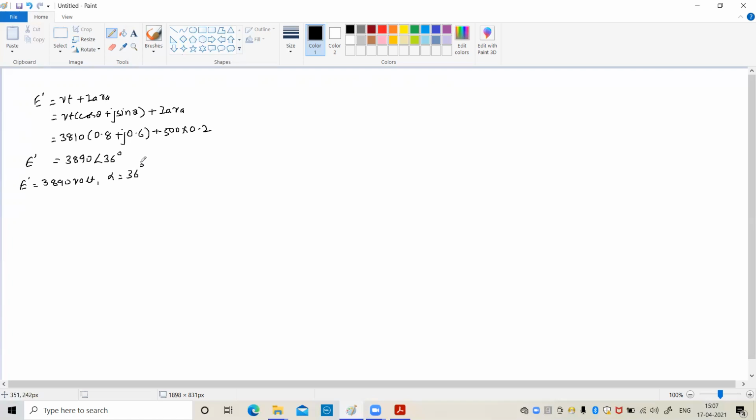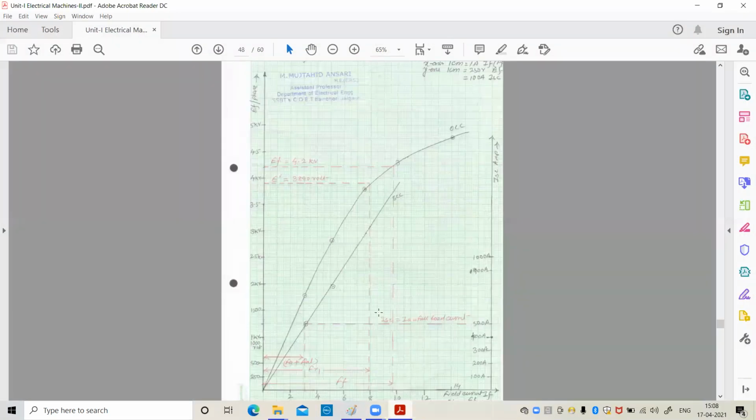Okay, now first we have to draw the OCC. So this is the graph, and in this graph paper, the kV per phase voltage is on the y-axis.